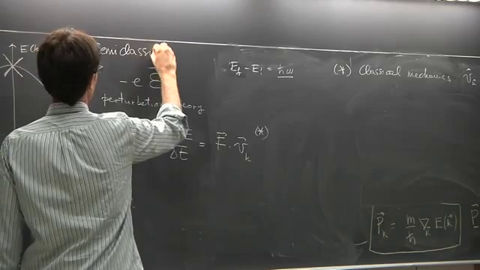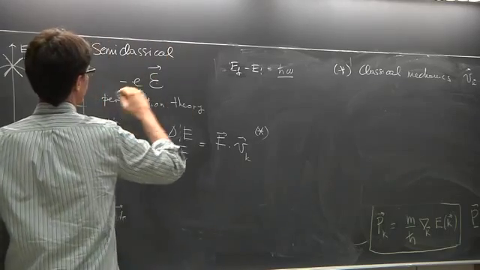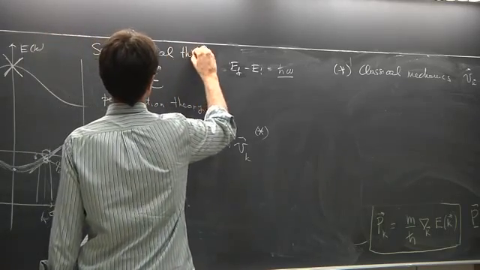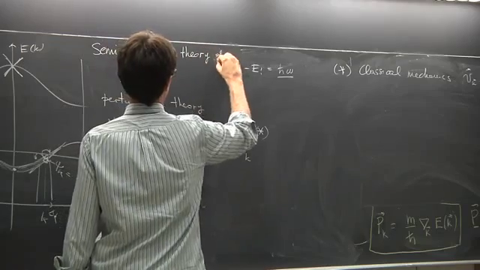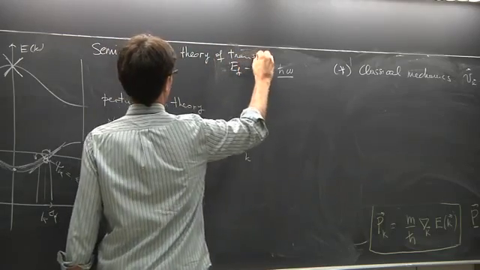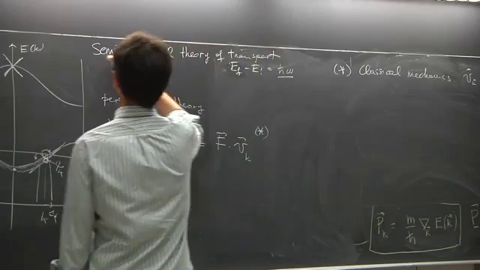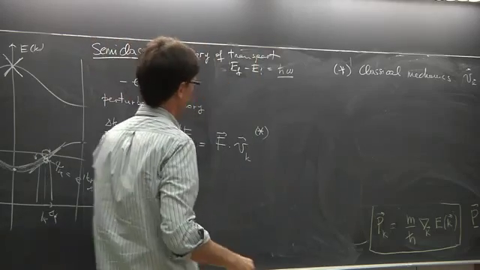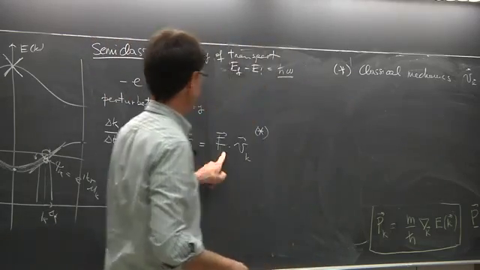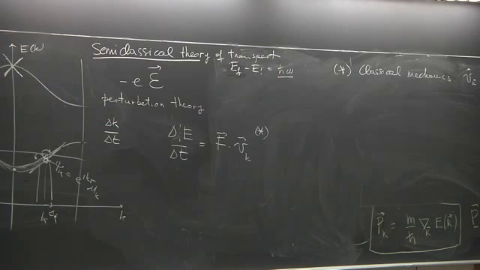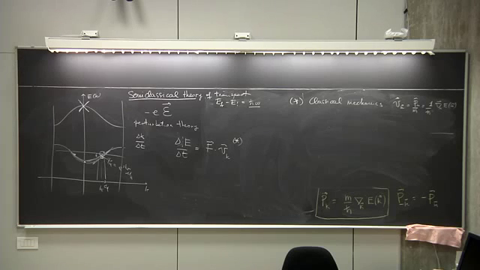And you'll find it in books with the name of semi-classical theory of transport. All right? And the asterisk refers precisely to this approximation. Here is where I'm using classical theory.